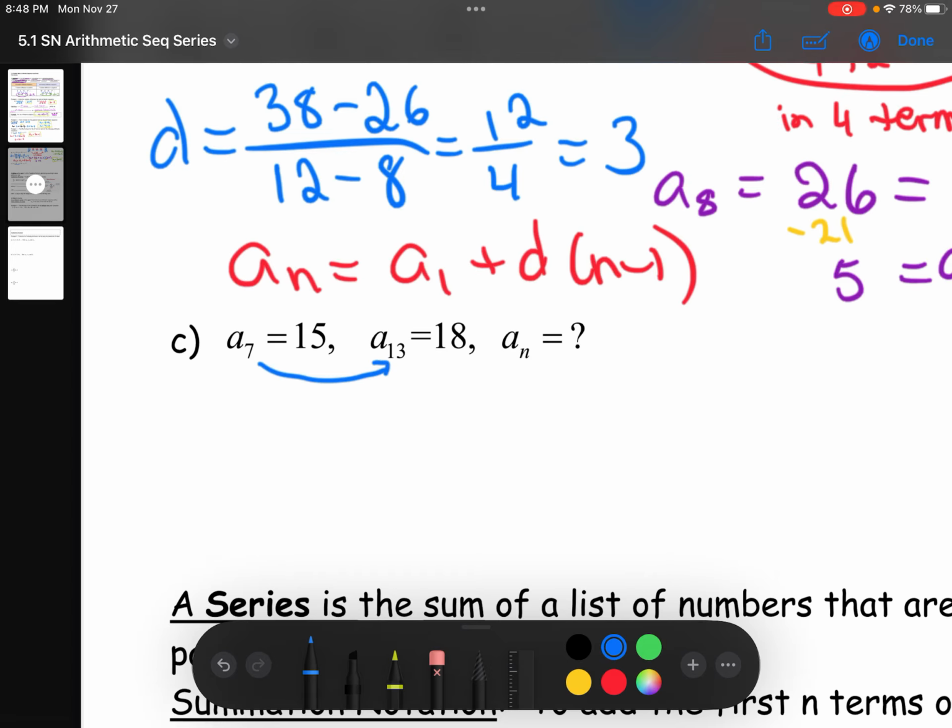From here to here, it's a difference of 6. So, if we start with a sub 13, a sub 13 will equal a sub 7 plus the common difference times 6 minus 1.